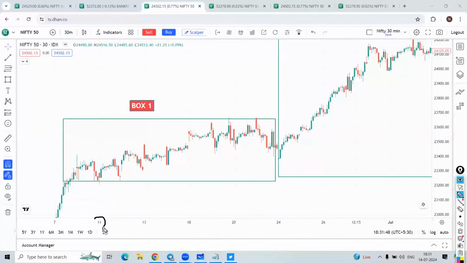So this is a trading session. Low, high, close. I'll make it very simple.